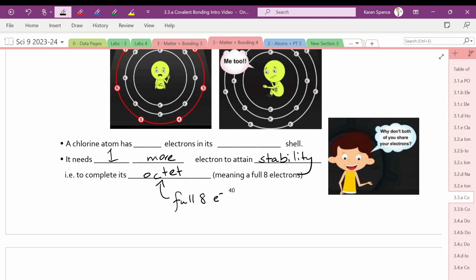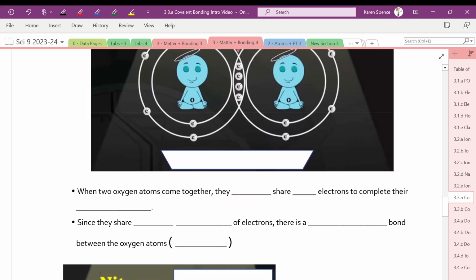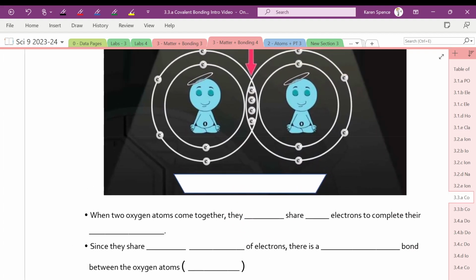Second line, page 42, got it? So when 2 oxygens come together, they each share 2 electrons to complete their octet.